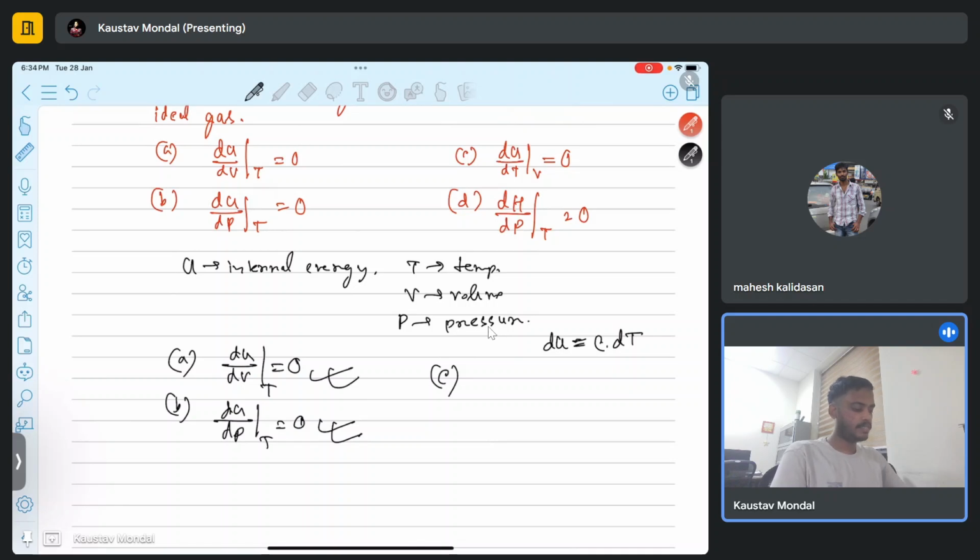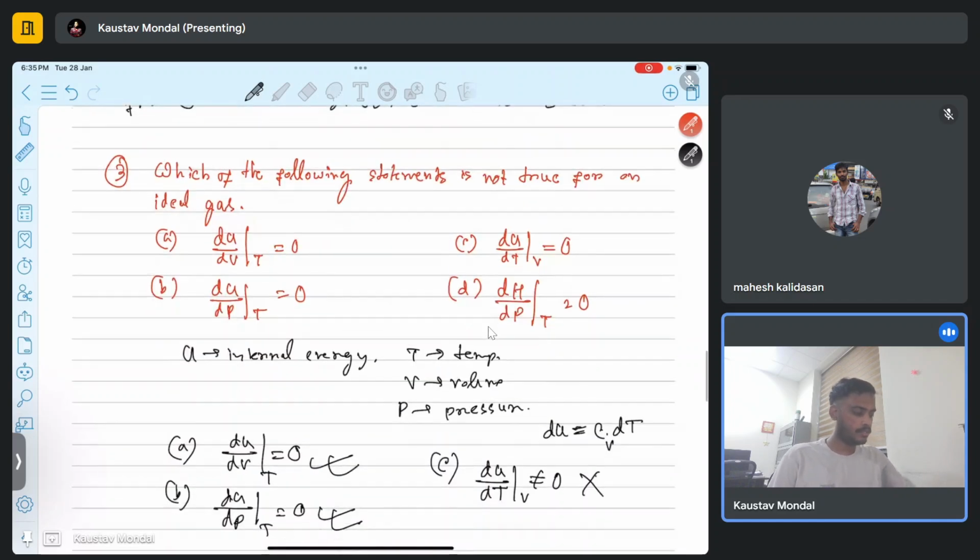So the derivative of U with respect to T will exist at a constant volume. Here the volume is constant, so it would be Cv. So this thing should be non-zero, right? dU/dT at constant V should be non-zero. So this statement is not true. This statement is false, and we are asked to find which statement is incorrect. So option C will be the right answer, which is not true.